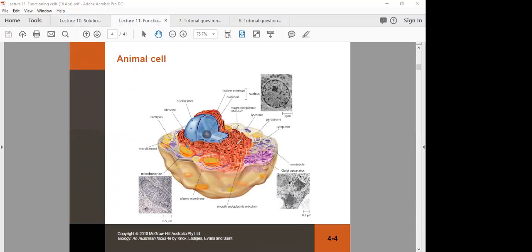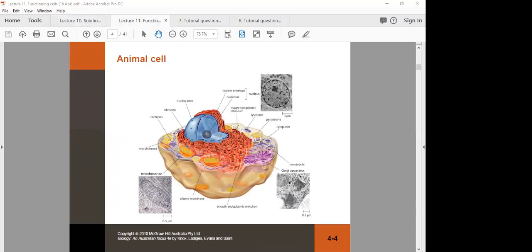In brown, we have the endoplasmic reticulum, also an organelle. Another organelle here in purple, the Golgi apparatus, or Golgi complex. These little yellow organelles, peroxisomes. These organelles, lysosomes.